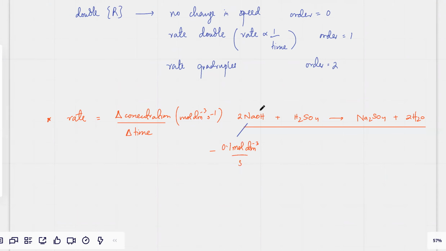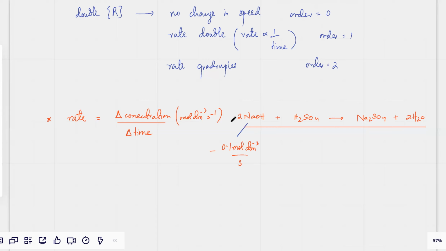Now, if every second 0.1 mole per dm cube is getting used up, how much H2SO4 would be getting used up every second? Any idea? Anyone? 0.05. Okay, so it's going to be 0.05 because it's 2:1, right?